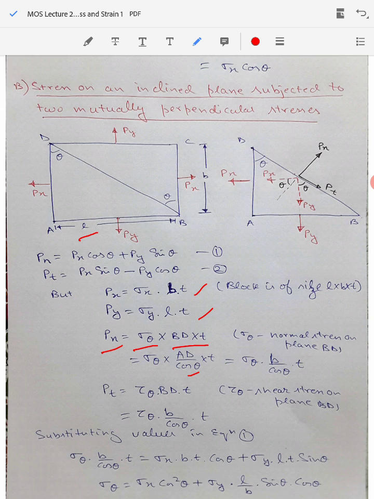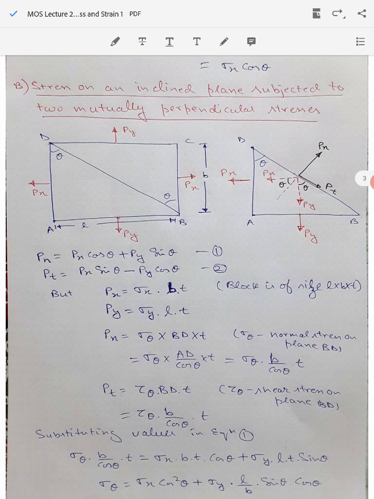So we substitute it over here in this equation, and as AD is nothing but your width B, you substitute here sigma theta into B by cos theta into T, that equals your Pn. Similarly, you can express the load Pt in terms of the tangential component of stress, that is tau theta, and as it acts again on the same area BD into T, I will simply summarize it as tau theta into B by cos theta into T.